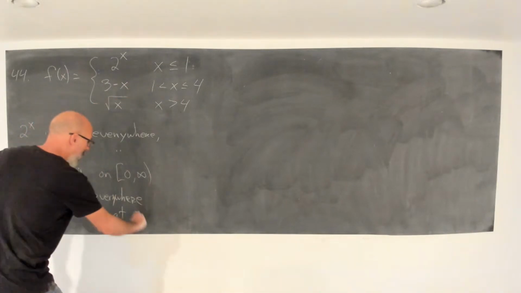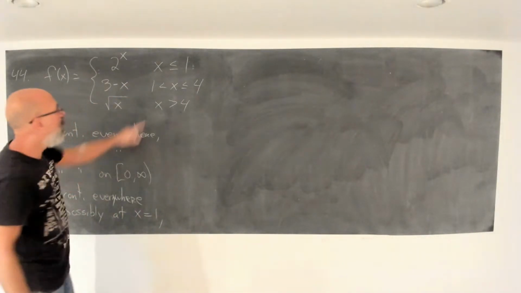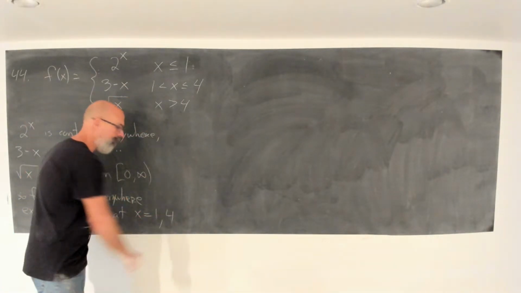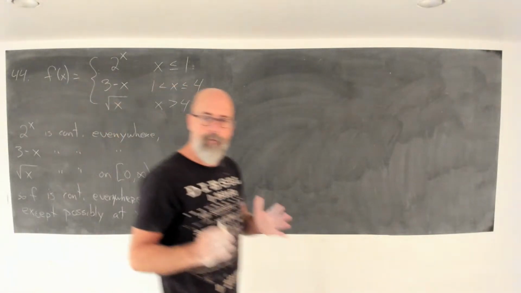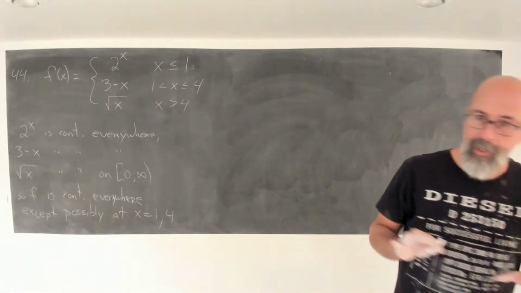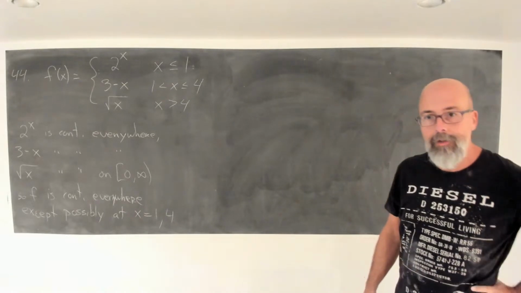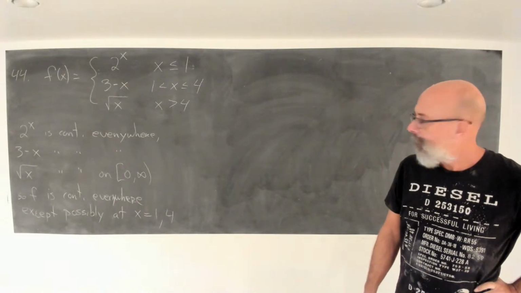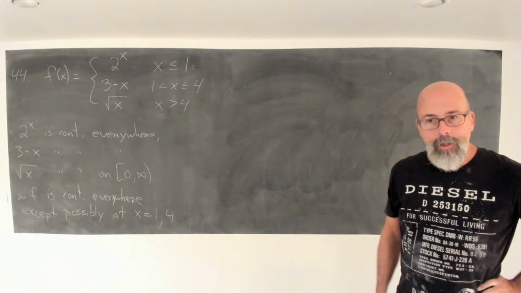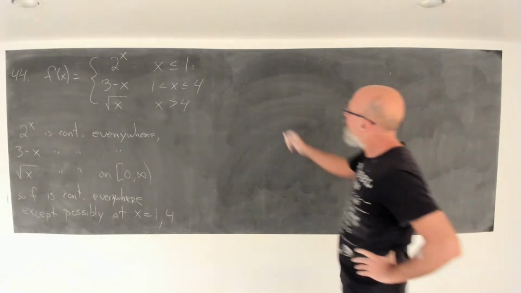In other words, x equals 1 or 4. 1 and 4 are the only places we need to worry about discontinuities. So let's see what happens there.